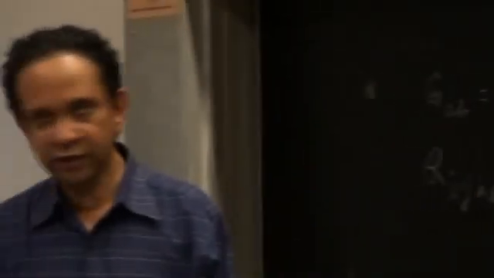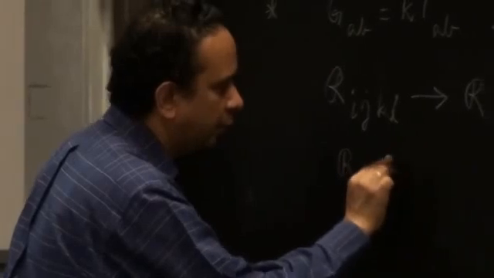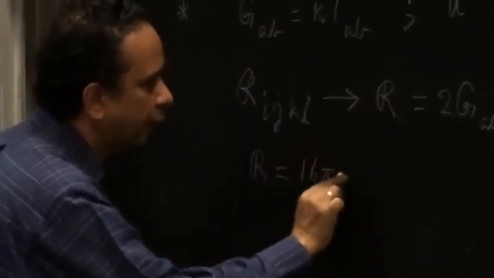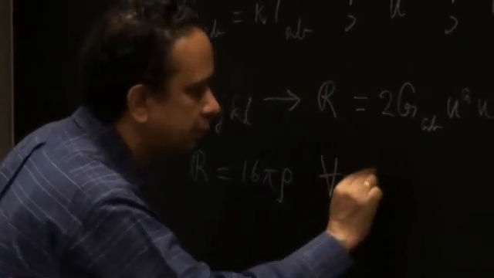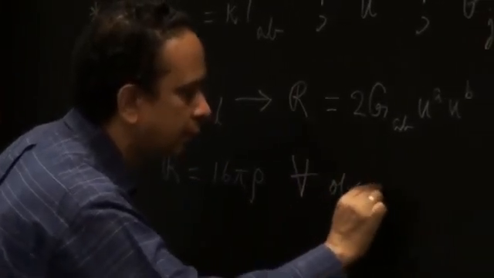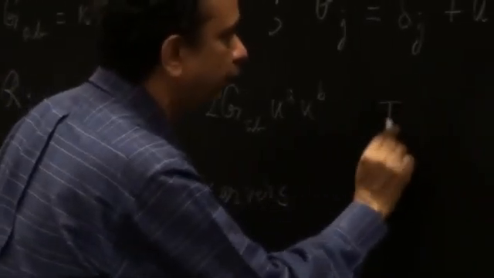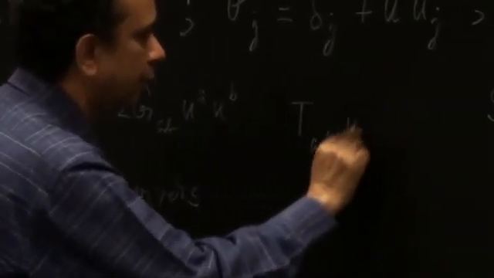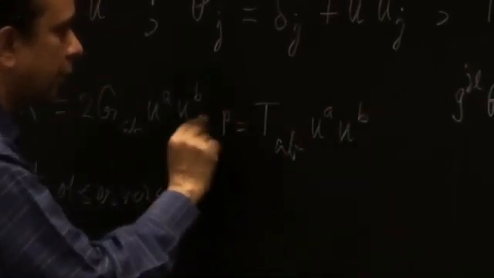So what Einstein's equations tells you is that R is equal to, in proper notation, 16 pi times rho for all observers. What is rho? Rho is just T_AB U^A U^B. So you have an observer with a 4 velocity U^I, that is how we started.